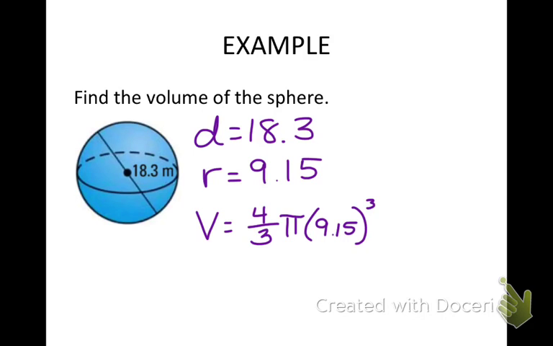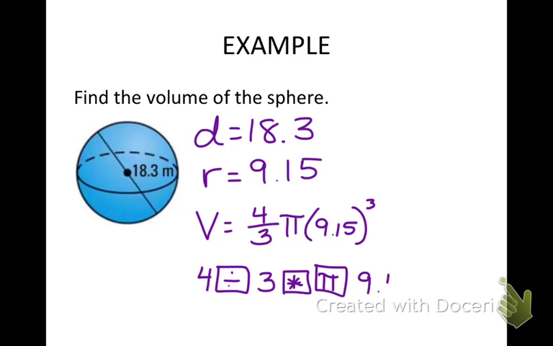Now when I type this into my calculator, everyone always gets stuck on the fraction part. The fraction is just the same thing as division. So if I hit 4, and then the divide button, and then 3, and then the multiplication button, and then the pi button, or 3.14 if you don't have that, and then 9.15, and then the up arrow, and then 3, that's going to give me my answer.